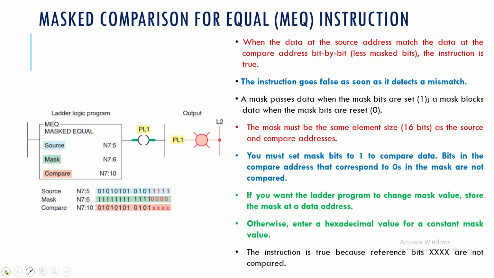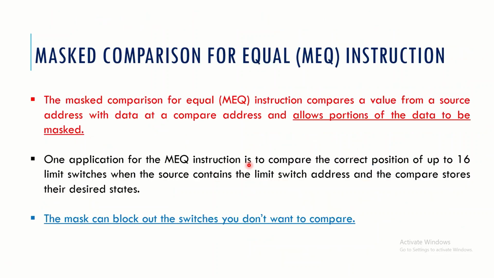Now let us go for one application. You can see, suppose there are 16 limit switches, and you want a particular pattern of activation of the limit switches. You can see here what we will do: we will store their desired state.